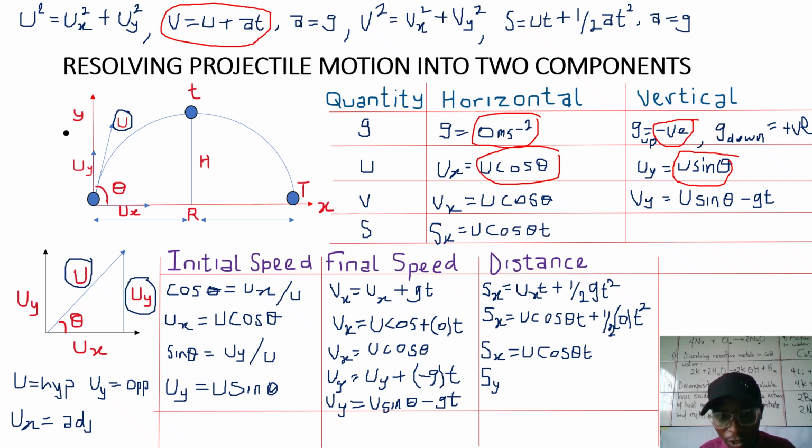Now, to get the expression for our vertical distance, which is Sy, that will be Uy t plus half gt squared.